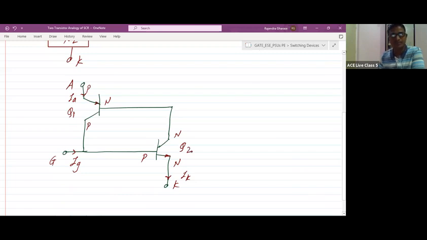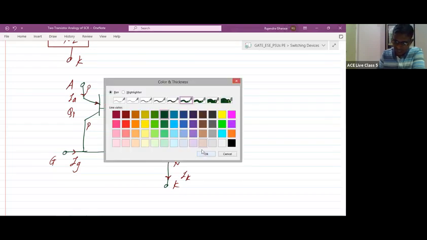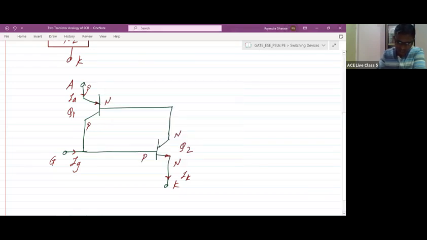So can we say that for this PNP transistor, the anode terminal is nothing but the emitter terminal? This terminal is the base terminal, and this terminal is the collector terminal. So: emitter, base, and collector.